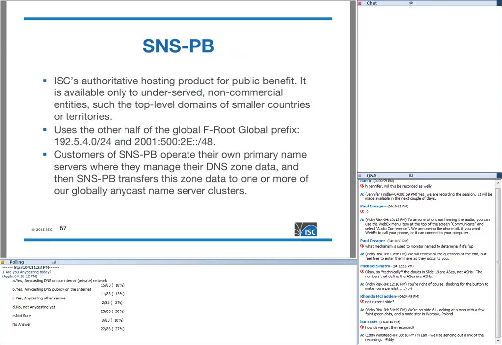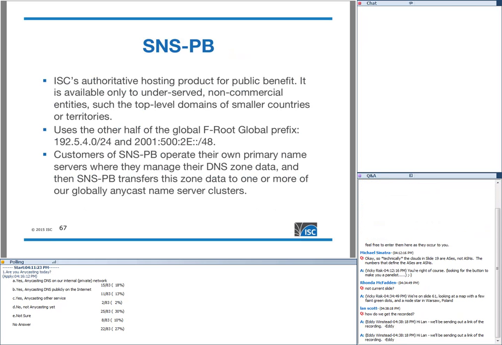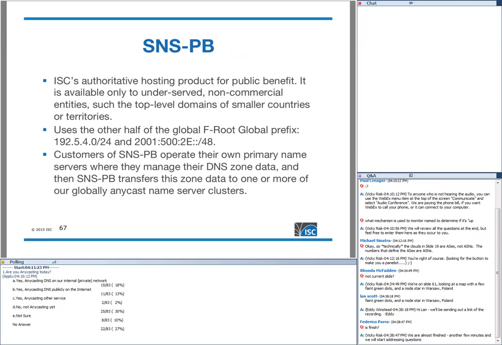So SMSPE is another product that we have here. It's a DNS authoritative hosting in Anycast Cloud, and it's available to non-commercial entities such as top-level domains and so on. And the way it works is you'll notice that throughout the presentation, we've been mentioning the global prefix is a /23 for IPv4 and a /47 for IPv6.